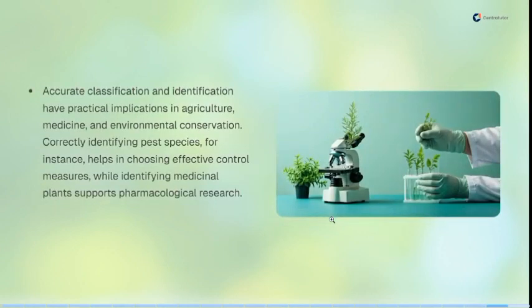Accurate classification and identification have practical implications in agriculture, medicine, and environmental conservation. Correctly identifying pest species, for instance, can help to choose effective control measures, while identifying medicinal plants can help to improve pharmaceutical research. If we don't identify or classify organisms perfectly, it will be difficult for us to make decisions regarding those organisms.